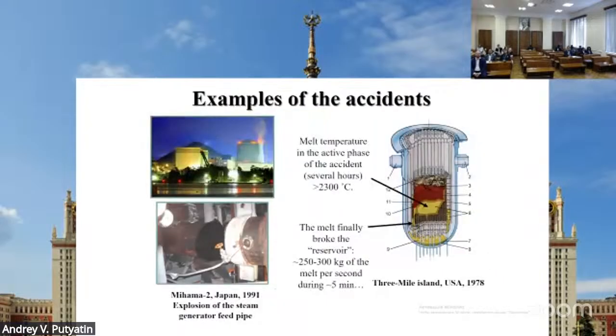Another very large accident was the Three Mile Island accident in the United States in 1978. Fortunately, the reactor core was in the steel confinement, so not much happened with the environment, because the radioactivity release to the environment was very minor.